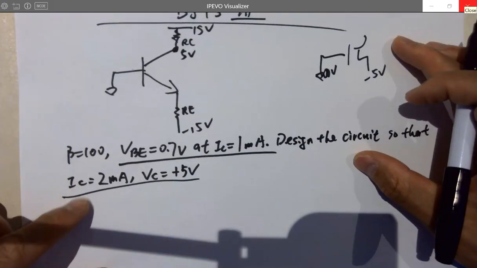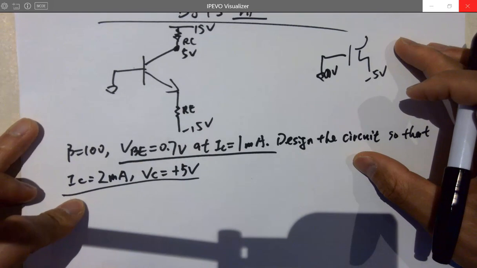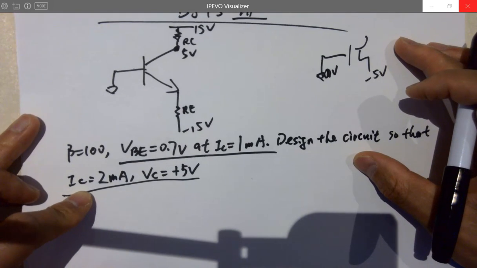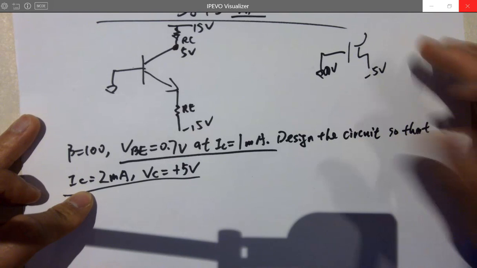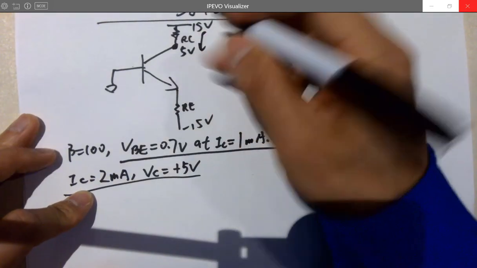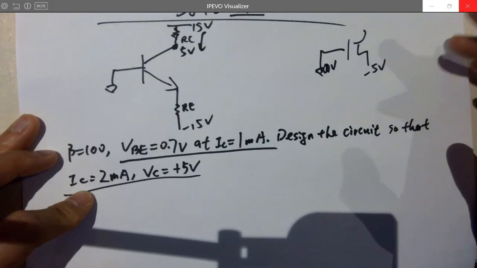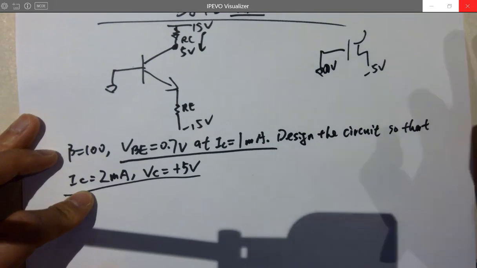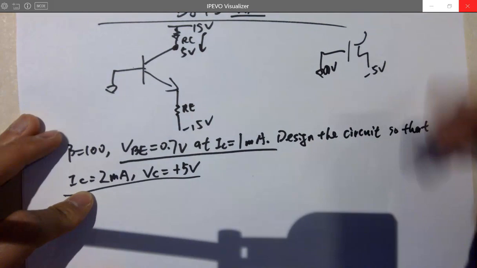Just by looking at this one, IC, you are thinking that, hey, we don't know RC and RE yet. You're being asked to design it, right? So we don't know these two resistors.